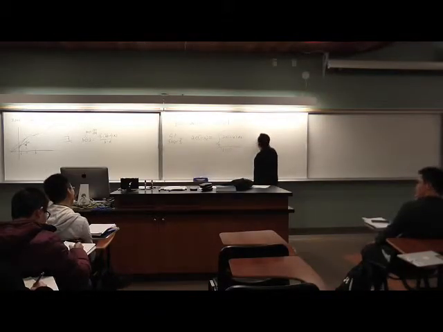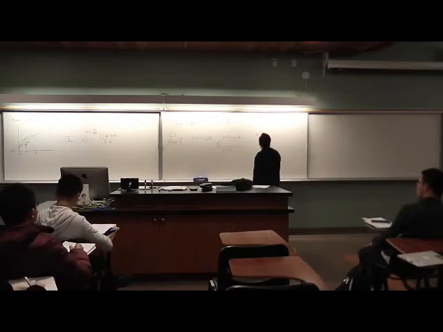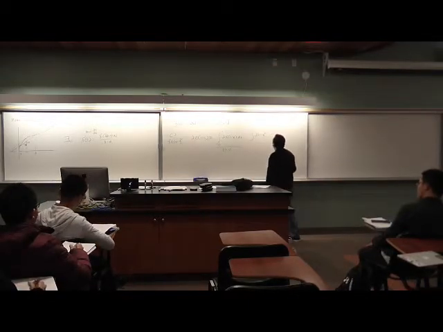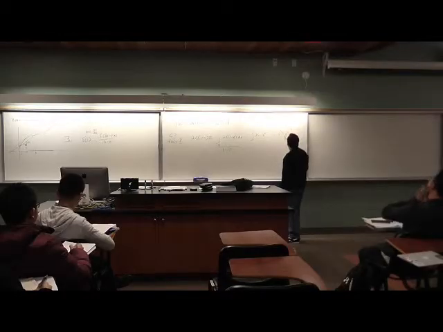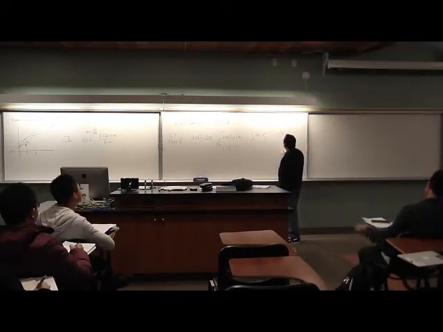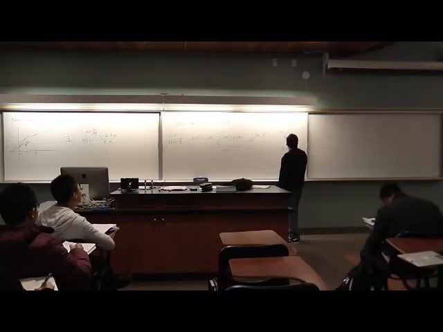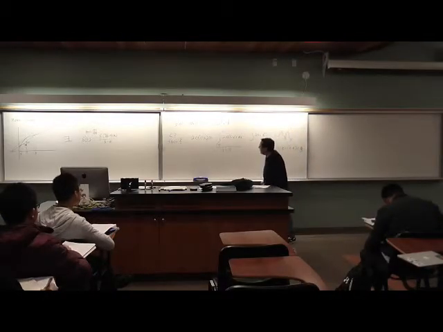So this is 2x minus x squared. The antiderivative will be x squared minus x cubed over 3, from 0 to 1. So this is 1 minus 1/3 minus 0 minus 0, which is 2/3. And we divide by 1.